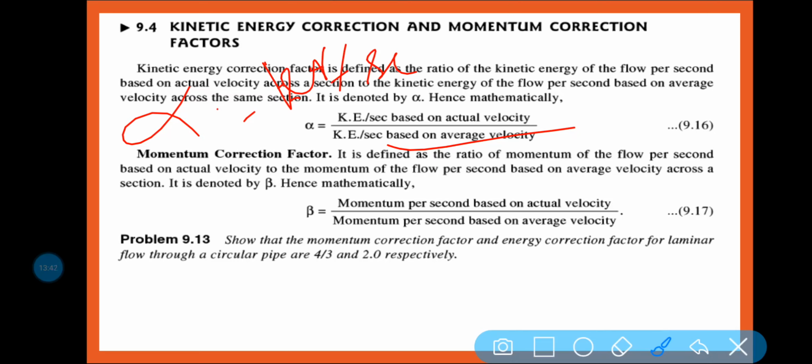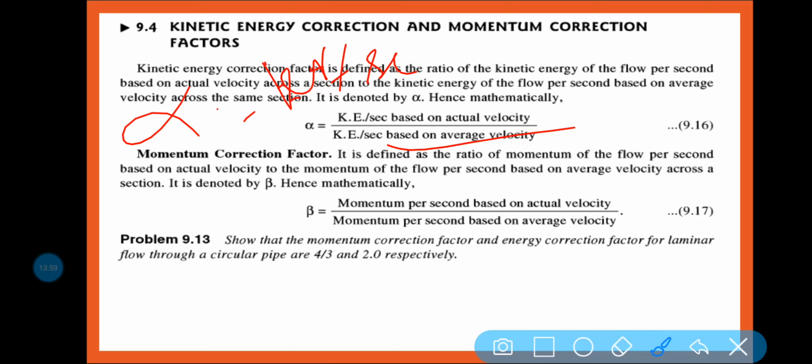Okay, and if I am talking about the momentum correction factor, it is denoted by beta. It is basically defined as the momentum per second based on actual velocity by momentum per second based on average velocity. Okay, keep it in your mind, it is very important.